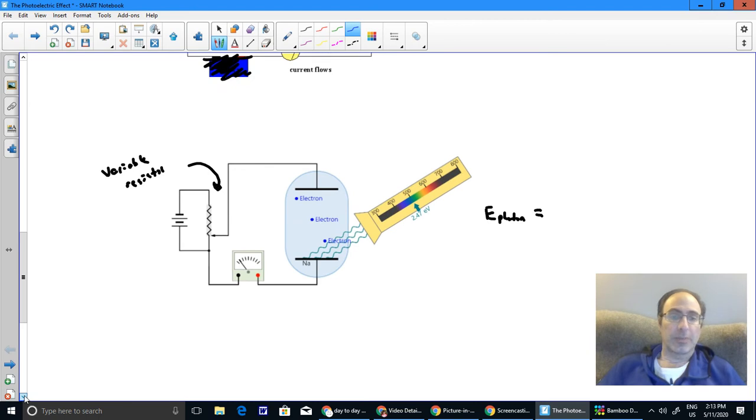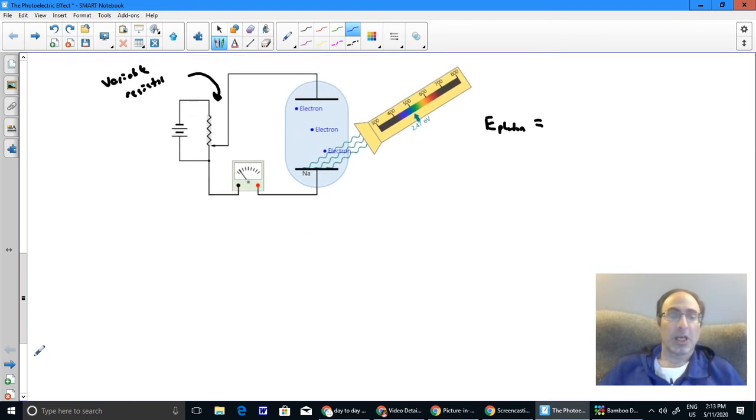Another experimental setup here. I've got a variable resistor hooked up to a battery, so I have some potential difference here. So when this voltage is 0 here, light hits it, pops off, flies up, and maybe it gets this far, or makes it all the way to the other side.